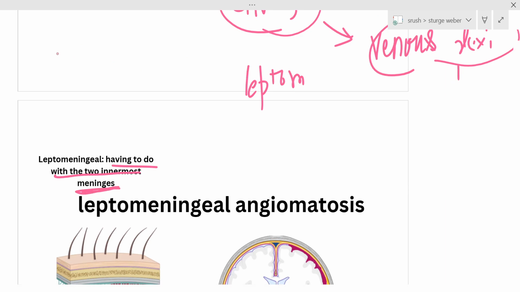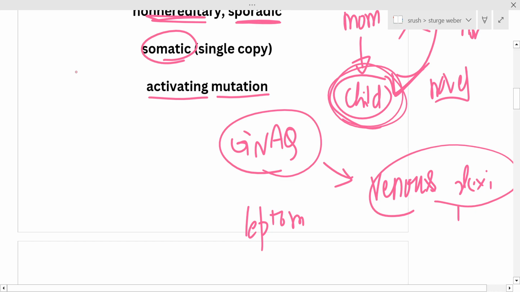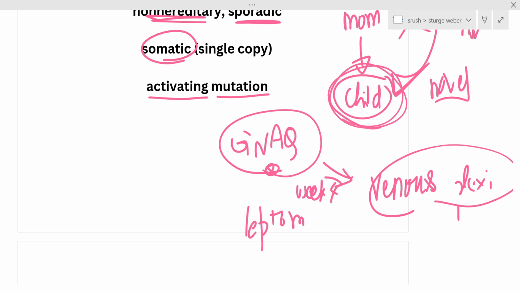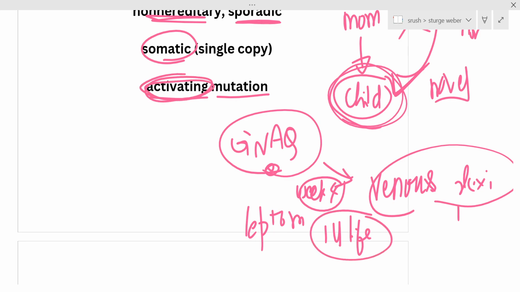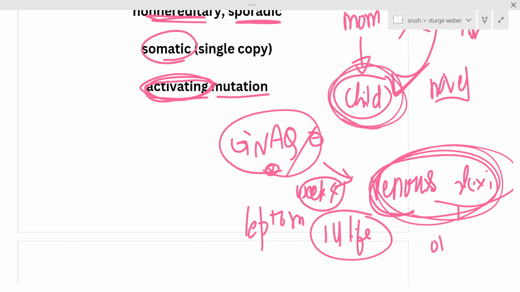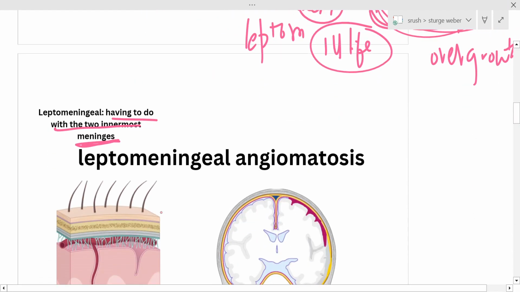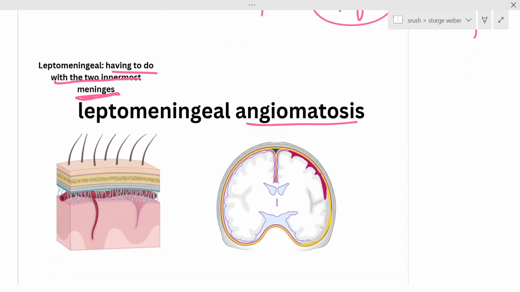GNAQ is supposed to get inactivated at around week 8 in intrauterine life, and the inactivation is supposed to cause regression of these venous plexuses. But because that's not happening, there's overgrowth of these plexuses, and that's what causes leptomeningeal angiomatosis.